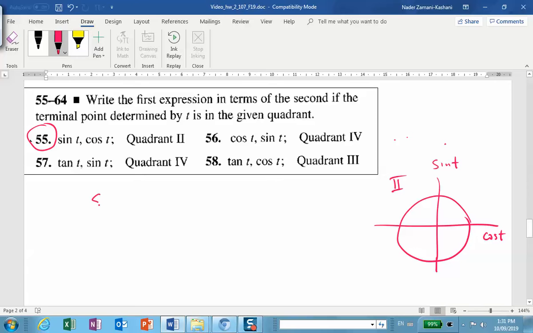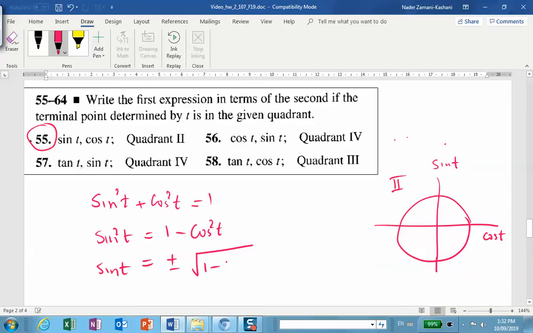First of all, we know that sine squared t plus cosine squared t is equal to 1. So sine squared t is equal to 1 minus cosine squared t. And sine of t is equal to plus or minus root of 1 minus cosine squared t. Now, the very fact that you are in quadrant 2 means that sine of t must be positive.